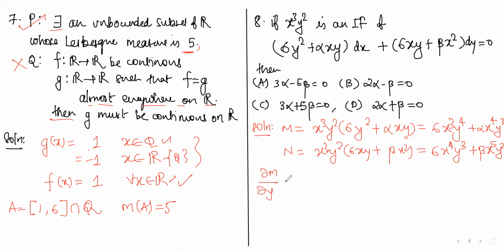So del M over del y should be equal to del N over del x. Let's equate them. So del M over del y, I need to differentiate this function with respect to y.